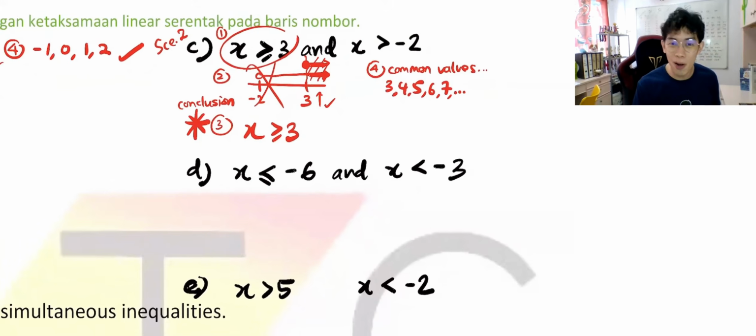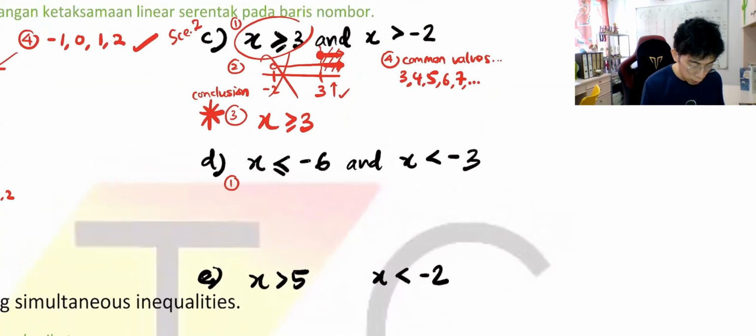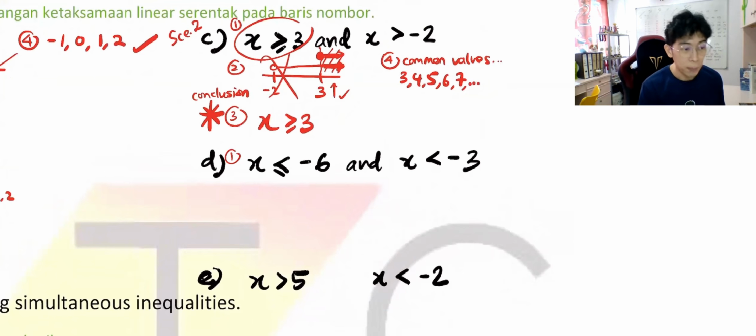Okay, now D. Wow. You have to be very careful already, everyone. Do you know why? Because when students see negative, they tend to make common mistakes. Not everybody, but most of the time. So I draw a line. Tell me what to label here.